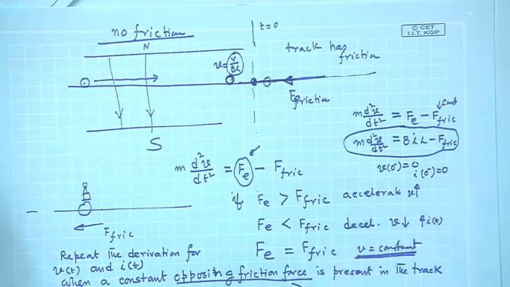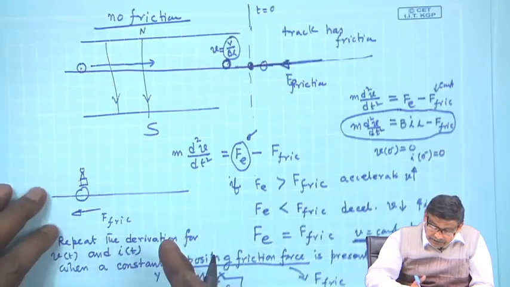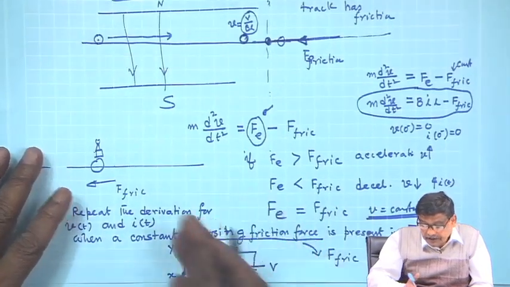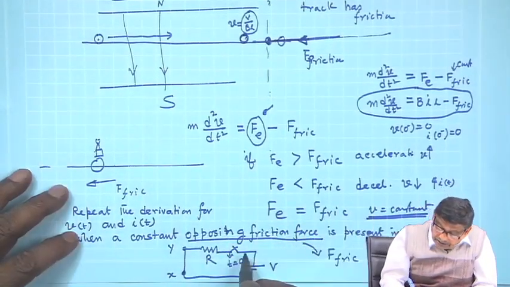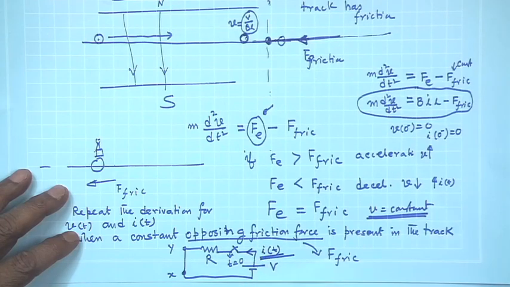It is a resistive circuit, so i(0 plus) will also be 0. No, i(0 plus) will not be 0. The moment you close the switch, the conductor has not yet moved, so the current in the circuit will be V by R. Indicate the current in this way. So, this is your exercise. Okay? You try to do it.